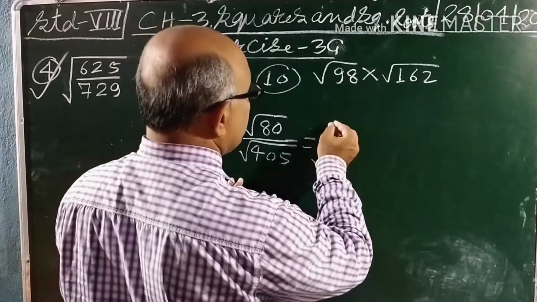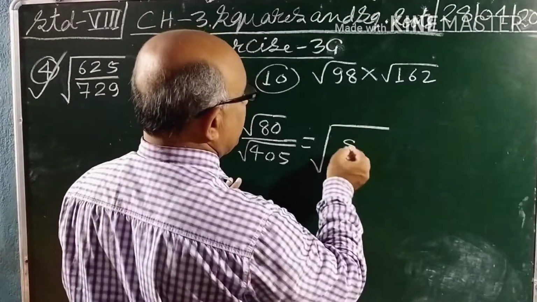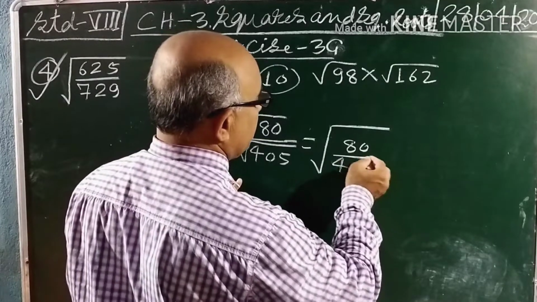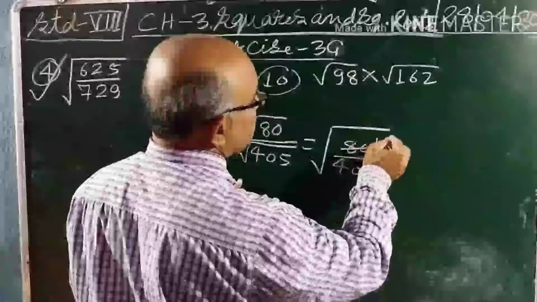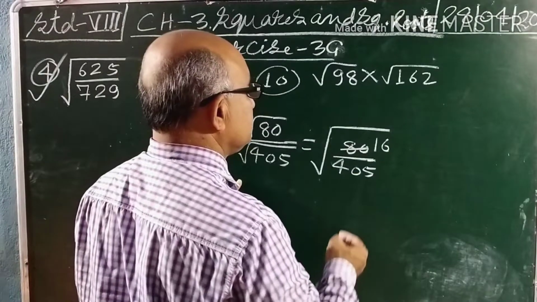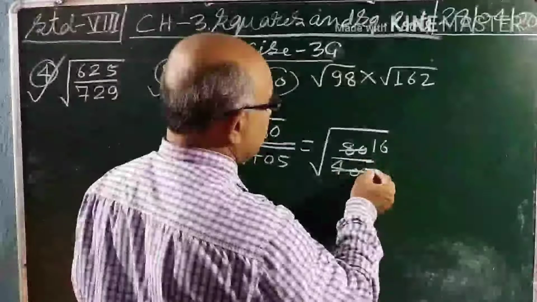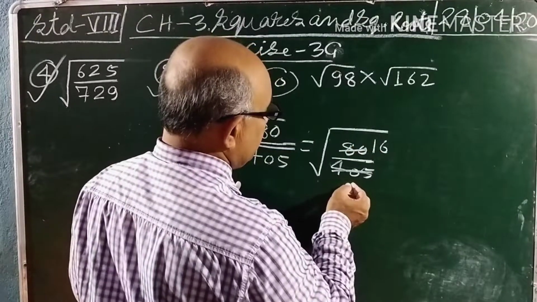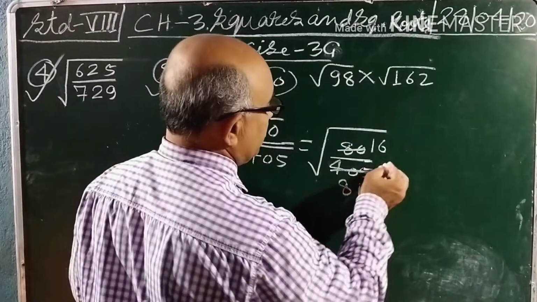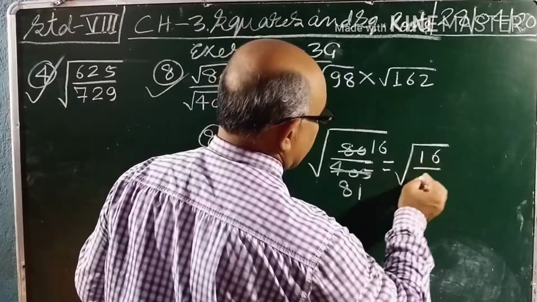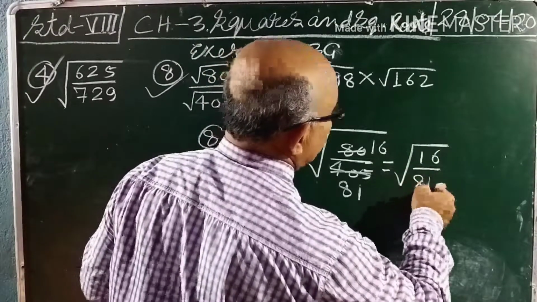So change it into 80 by 405. Cancel it 5 times, 16. 5 times 16 is 80, and 5 times 81 is 405. Now it's 16 by 81.